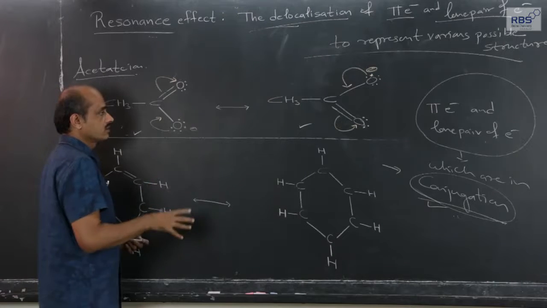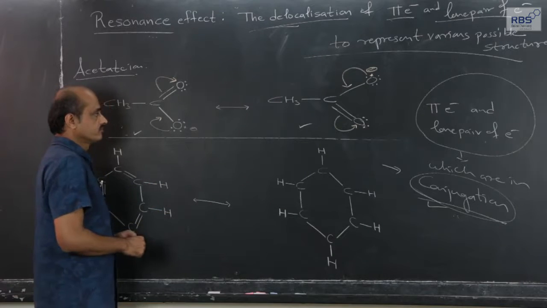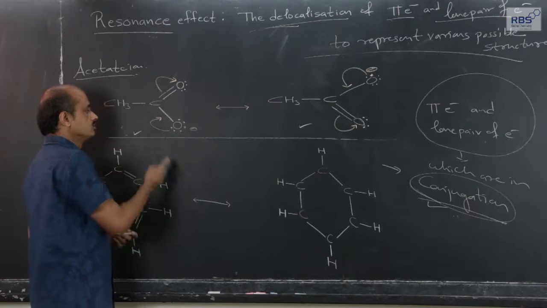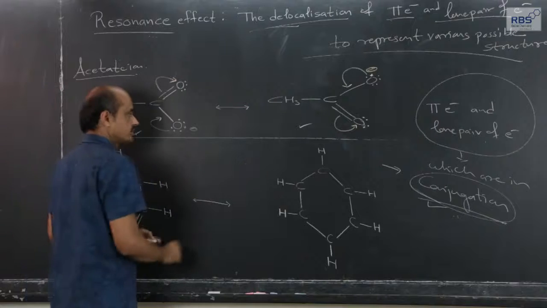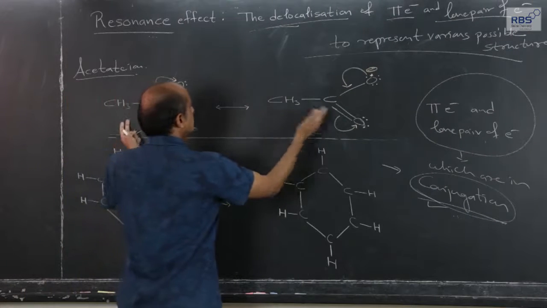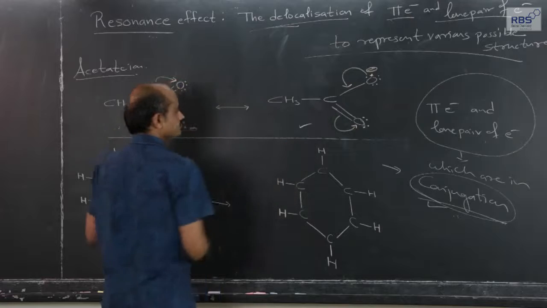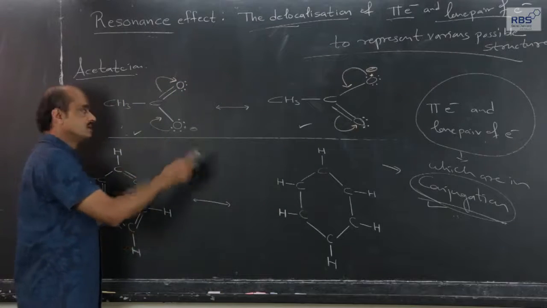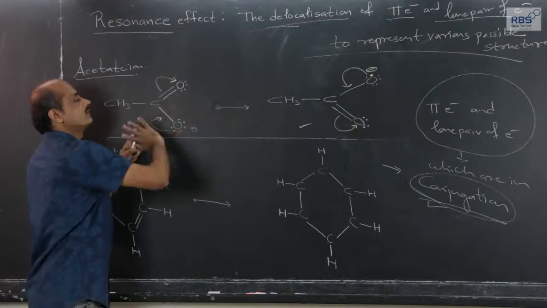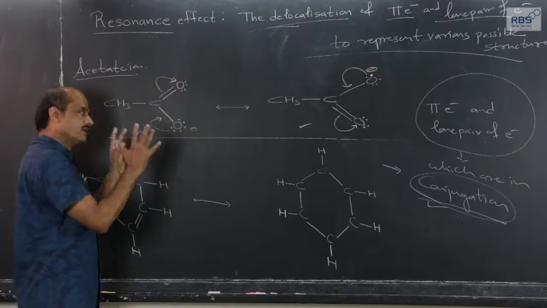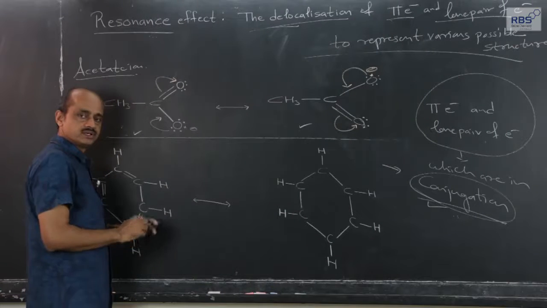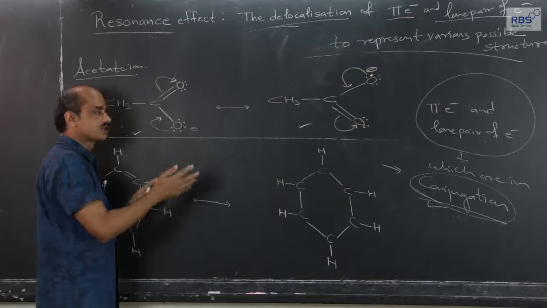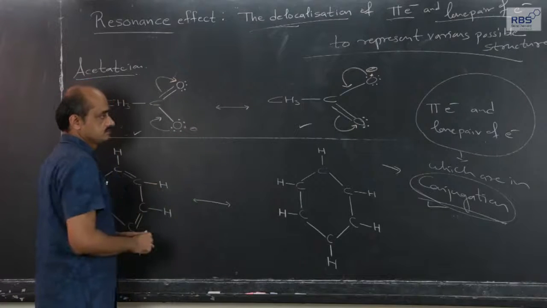But the actual structure of acetate ion is not exactly similar to this one or that one. These two are identical resonating forms. The actual structure is different, more stable than both of these resonating forms, very close to each form but different from both, more stable than these two forms.